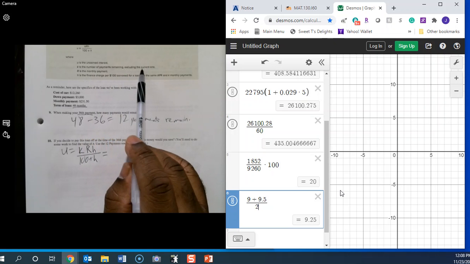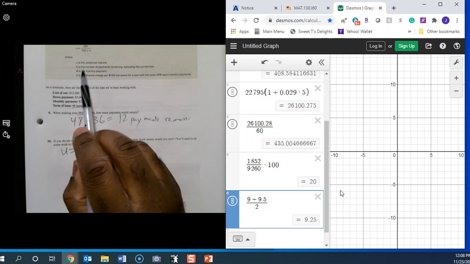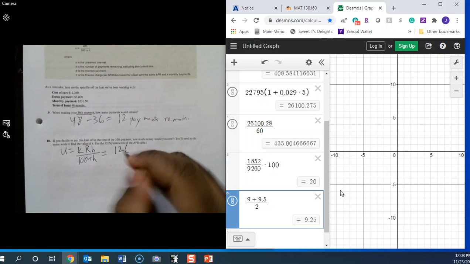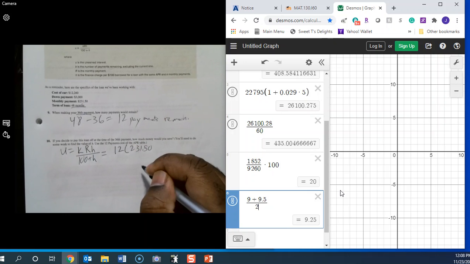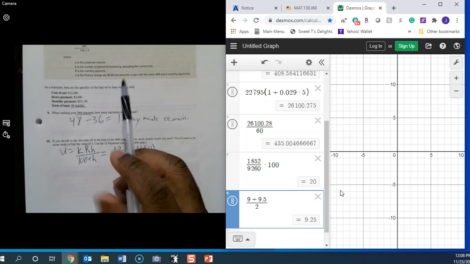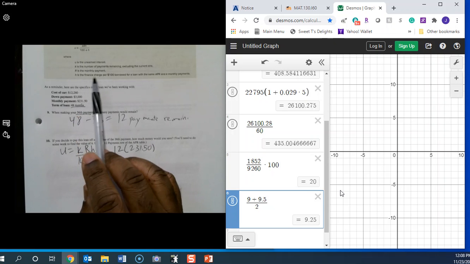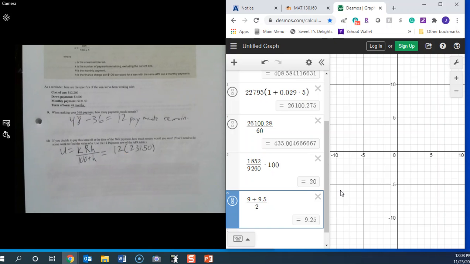K is the number of payments remaining. Now, we already figured that out. That's 12. 12 is the number of payments remaining. Now, R is the monthly payment. The monthly payment is $231.50. And then we have here the H. H is the finance charge per $100 borrowed for the loan.